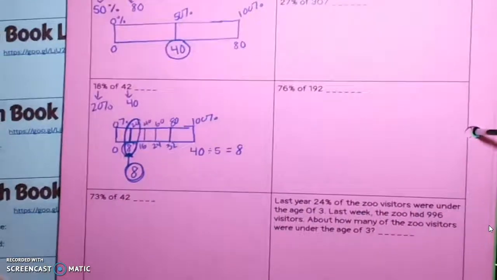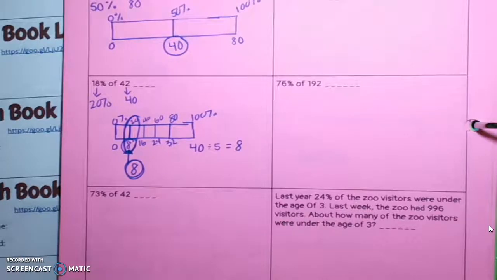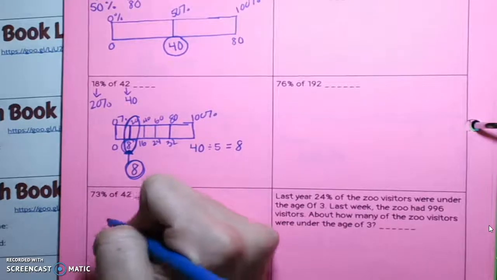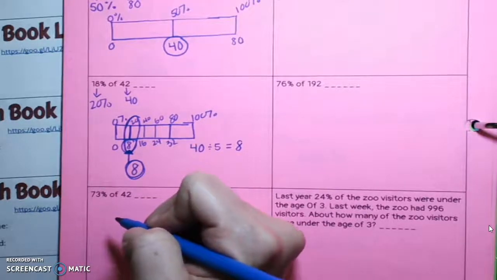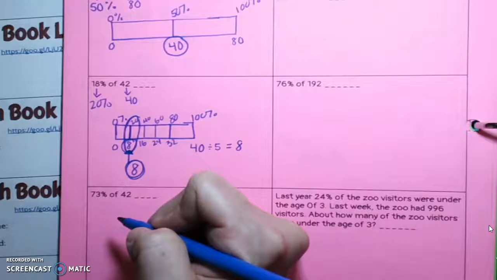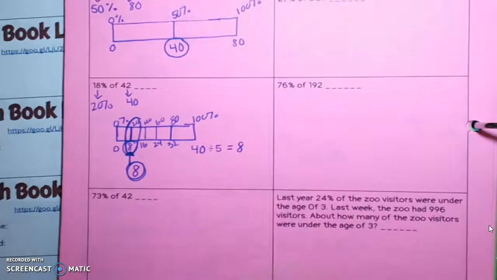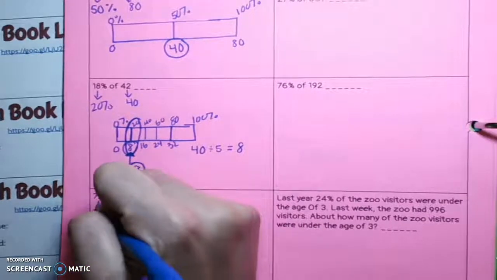On our next one, we have 73% of 42. So we need to be looking at what we should do for this one. Okay, 73 is close to 75.